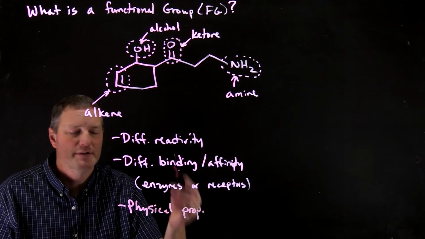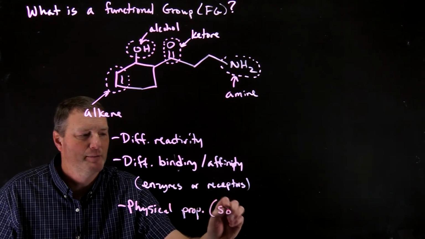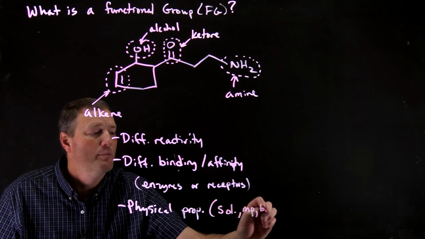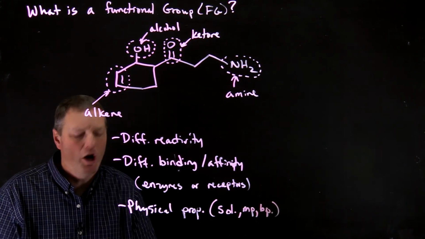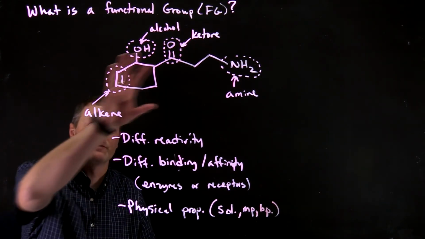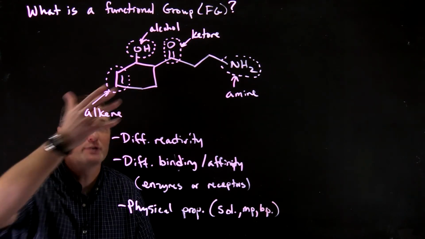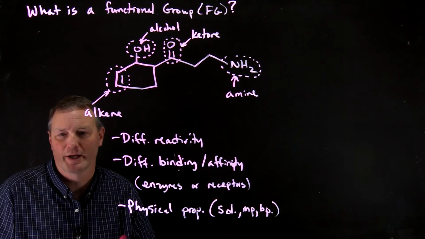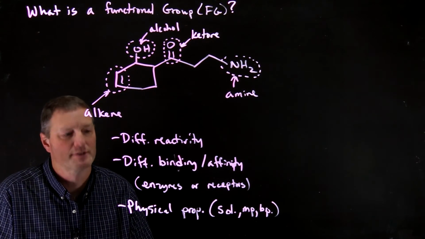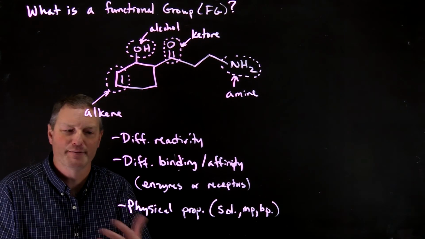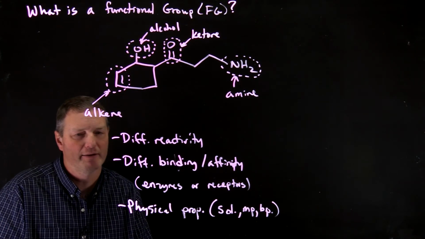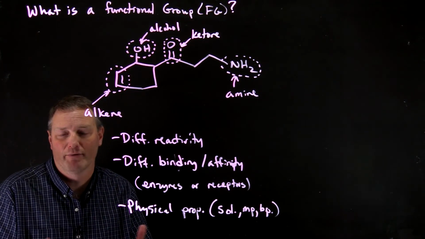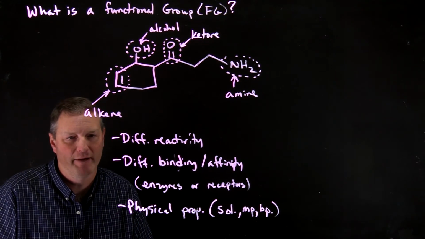And when I say physical properties, I'm talking about things like solubility, melting point, boiling point. All of these are affected by what types of functional groups are collectively in a molecule, as well as the carbon skeleton. So this becomes really important when you start getting into looking at drug molecules. There's often a balance between solubility in drug formulation and lipophilicity, which is the amount of residence time that a drug might have in the body.